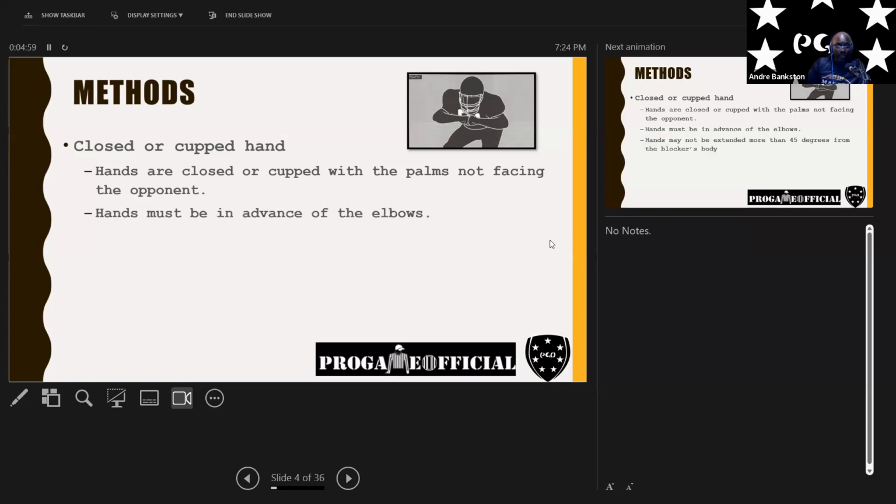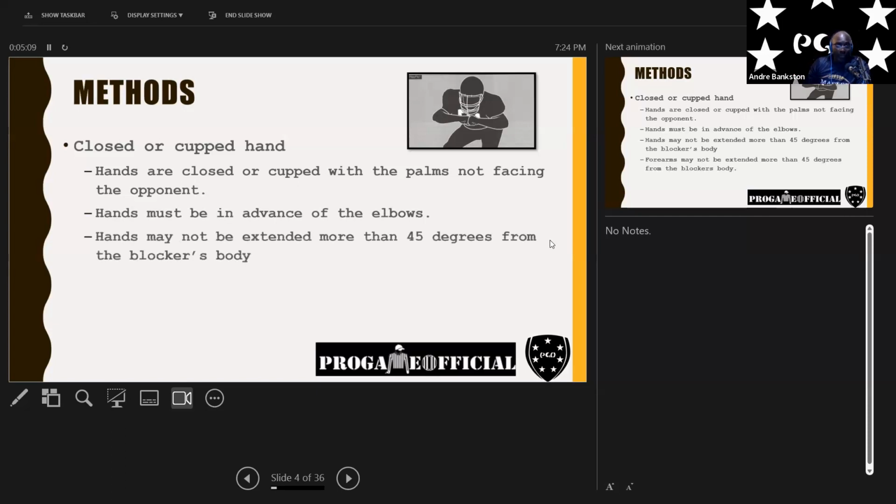Hands must be in advance of the elbows. In other words, my hands must be in advance of my elbows. Hands may not be extended more than 45 degrees from the blocker's body. So if I'm like this, I can't be like this. How many blocks have you seen where they go like this?